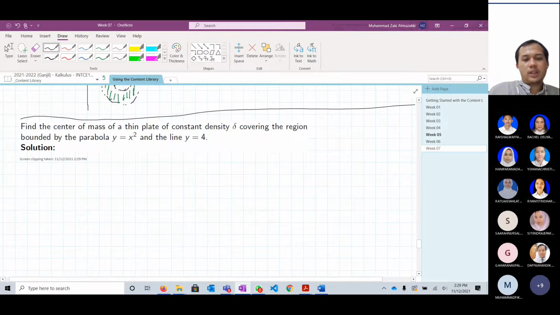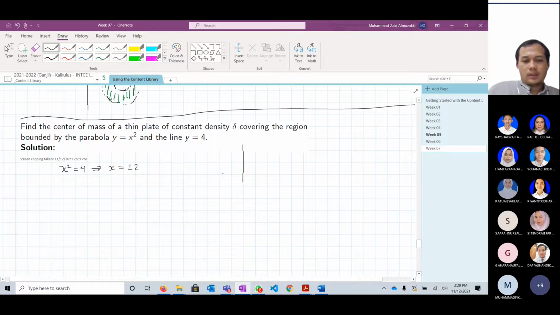To find the shape of the thin plate, we need the intersection points, where x squared must equal 4, so x is plus or minus 2. The intersection points are 2 and minus 2.